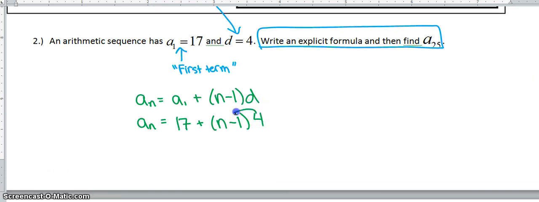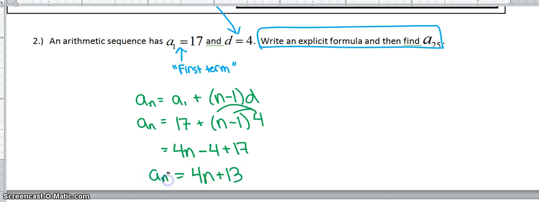Now, if you multiply this out, you would get the mx plus b format anyways. So it'd be 4n minus 4, plus 17. So you're going to get 4n plus 13, which is what you'd get if you actually went through the process and found the formula similar to how we did in class.